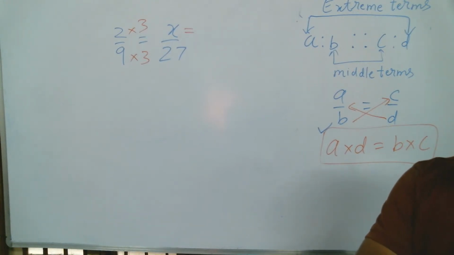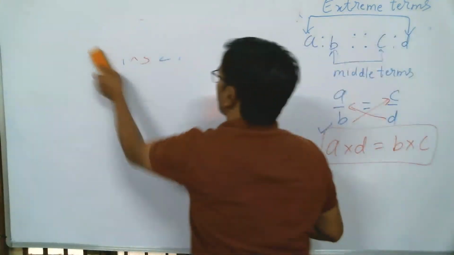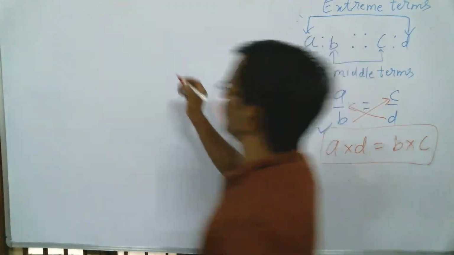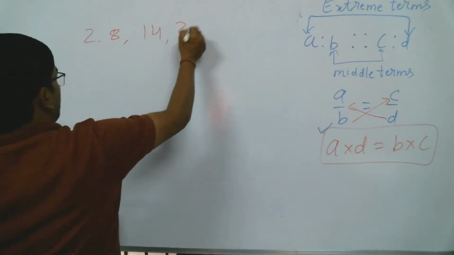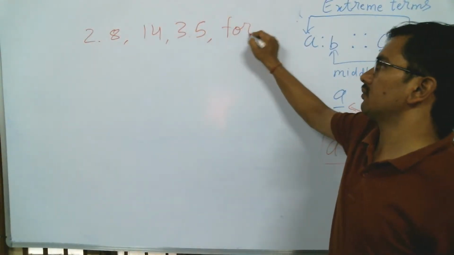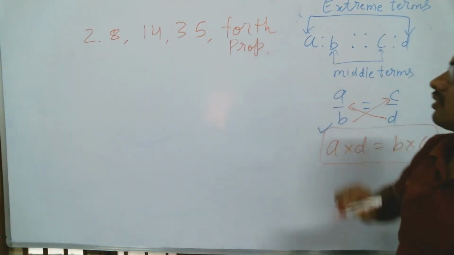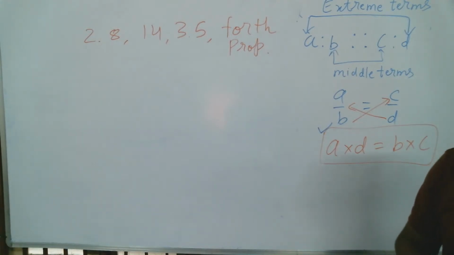Same way you can find, for 2.8, 14 and 3.5, find the fourth proportion.